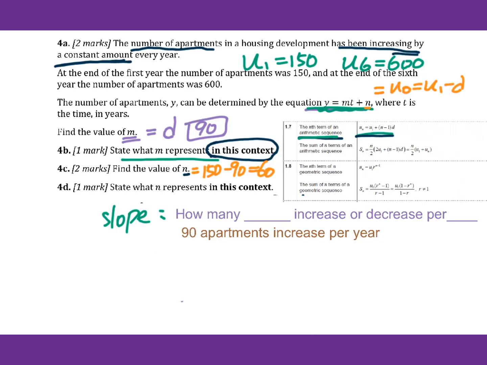State what n represents in this context. For y-intercept, that means initial value. Therefore, you could say the initial number of apartments is 60.